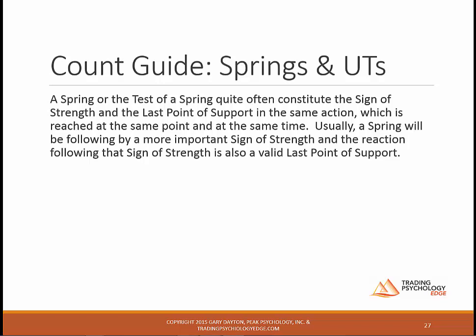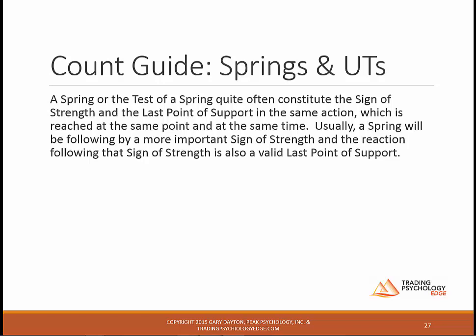You'll often hear me say that I expect a spring or an upthrust to push through the last swing high or the last swing low, depending on which we're talking about. And when it does that, it creates a more important sign of strength or a more important sign of weakness, okay? And then when we see a reaction following that sign of strength, it's also a valid last point of support. So lots to think about here about springs and upthrusts. They are very, very important to the Wyckoff playbook.